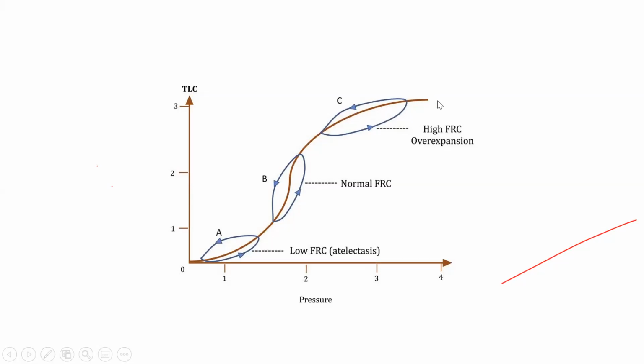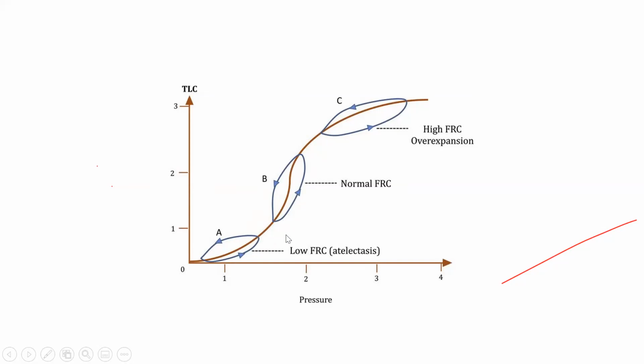So either we are dealing with over expansion or atelectasis, and the compliance of the lung is not very good. We should try and ventilate the baby in this area where the compliance of the lungs is very good, which means that by giving just a minimal amount of pressure, lungs can be opened up. So how do we do that?